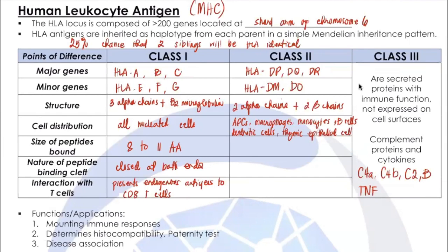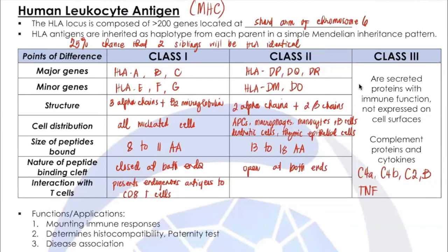Okay, thymic epithelial cells. These are the cells that usually possess MHC class 2 on their surface. The size of the peptides that class 2 binds is around 13 to 18 amino acids in length, and the nature of the binding cleft is open at both ends.